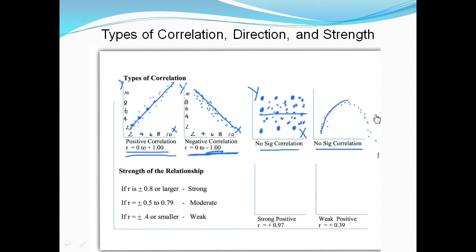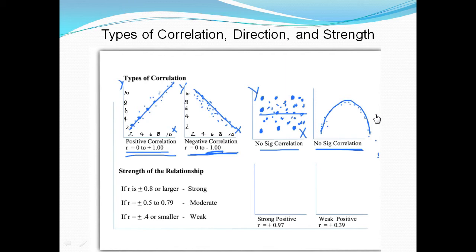In fact, I'm going to have to draw my line following the dots, and it's a curve. It looks like a hill. The other kind of curvilinear relationship would look like a U. So it just depends upon the data. With no significant relationship here, our R would also be quite low.